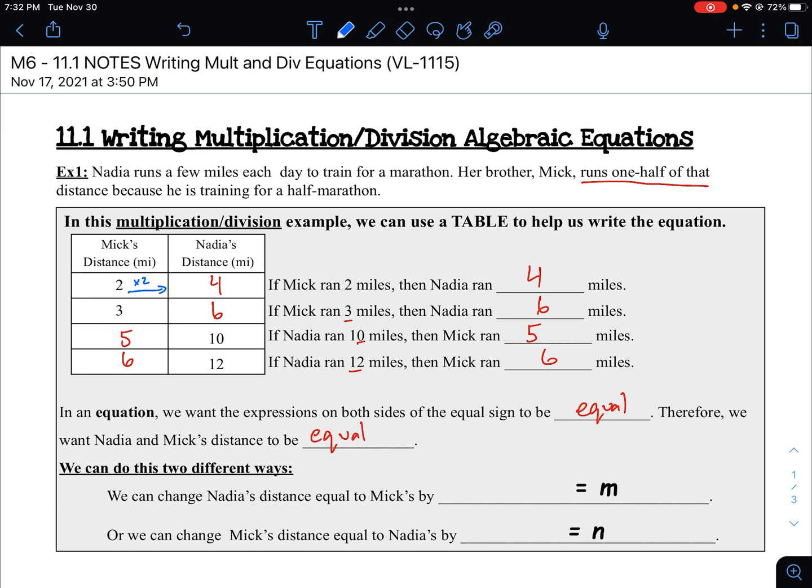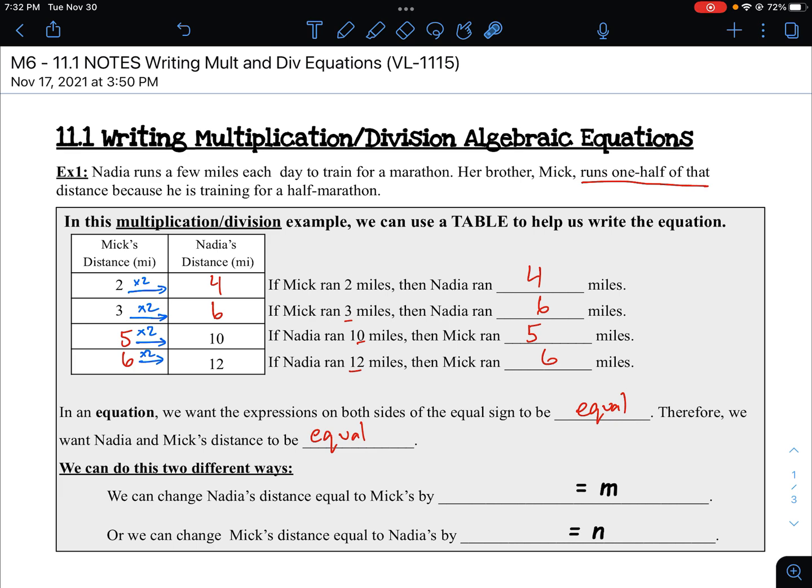Well, you can multiply by 2, because 2 times 2 equals 4, right? Multiply by 2 again. Multiply by 2. Multiply by 2. Now, something you should note is that I need to be doing the same thing on all of these. When I'm looking for a pattern in a table, it needs to be the same pattern.